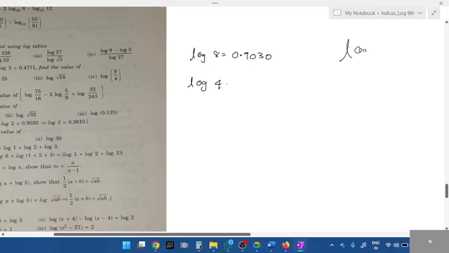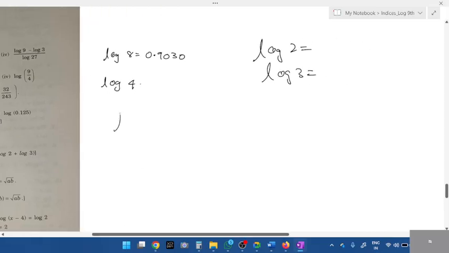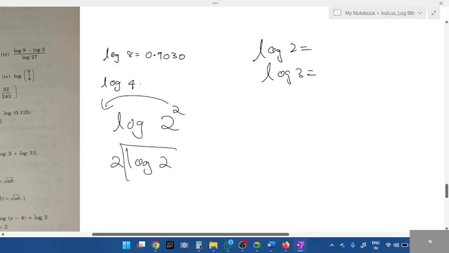Log 2 and log 3. Now, if I want to convert log 4, how do you convert it? Everything should be 2. What can I write? 2 and 2 square. What happens to the 2 if it goes to the other side? 2 log 2. Do we have the log 2 value here? Log 2 value or log 8 value? What is given? Log 8. Log 2 is not given.